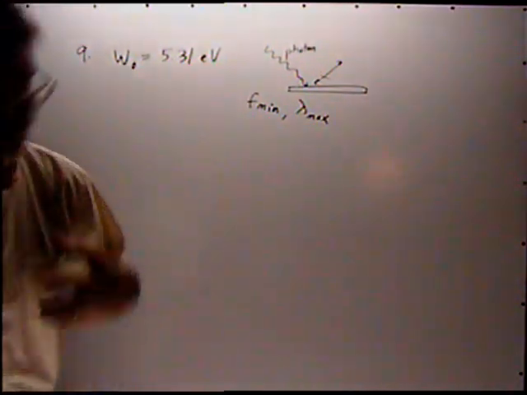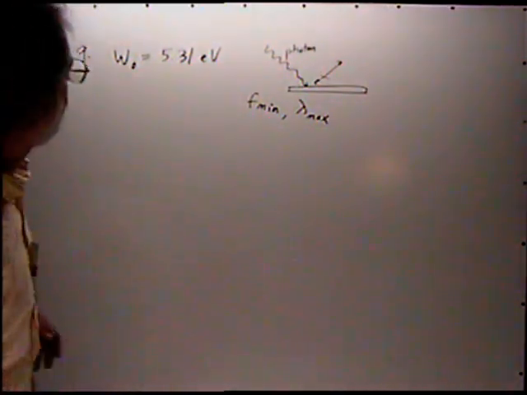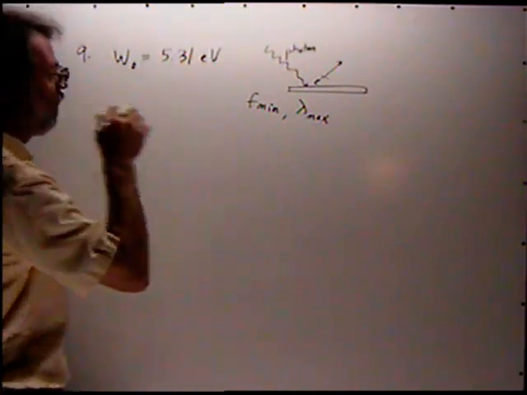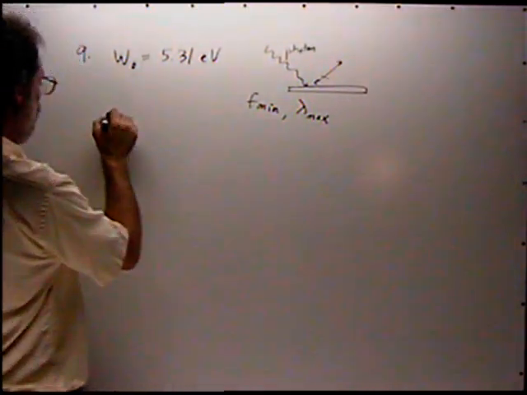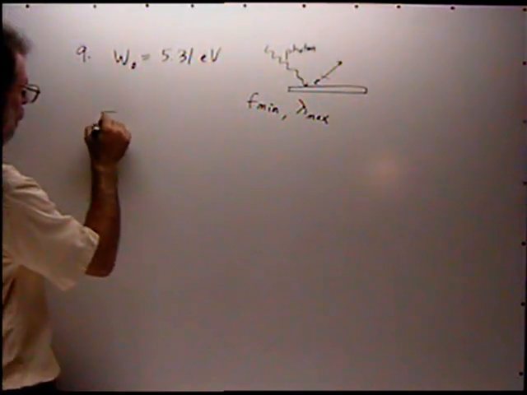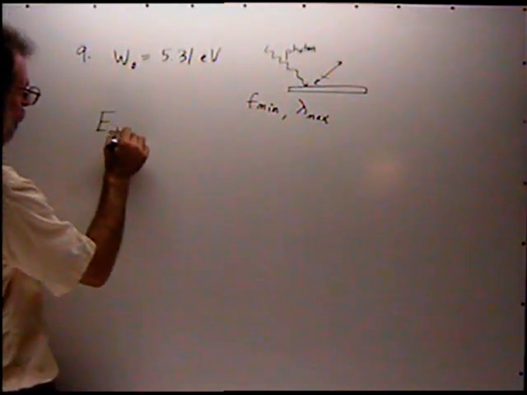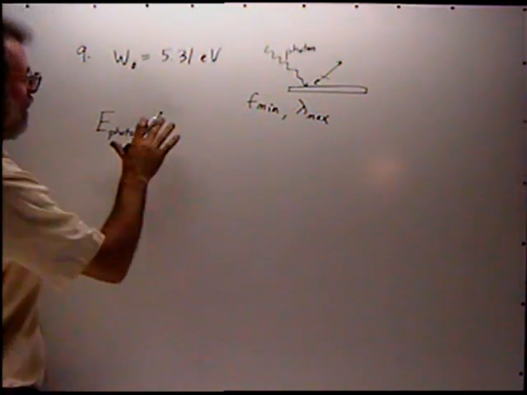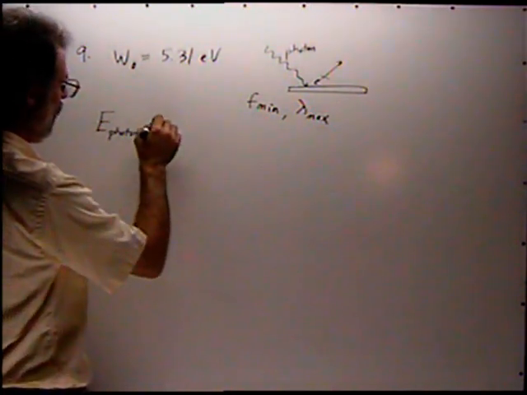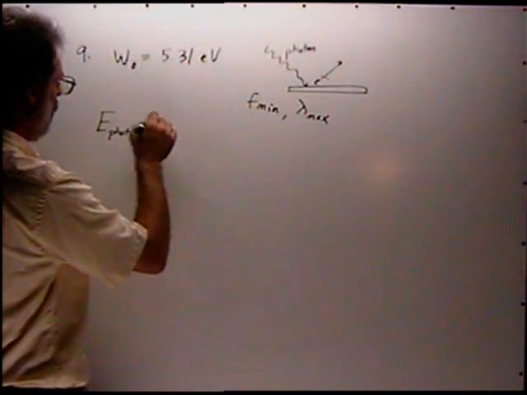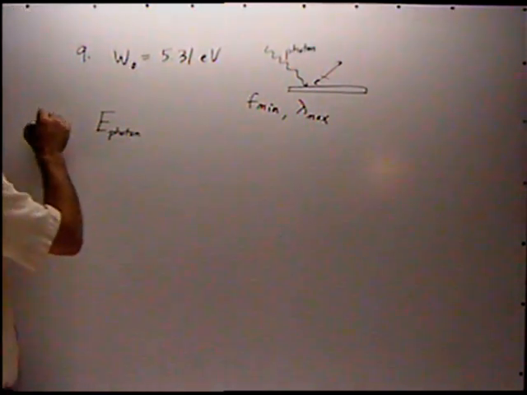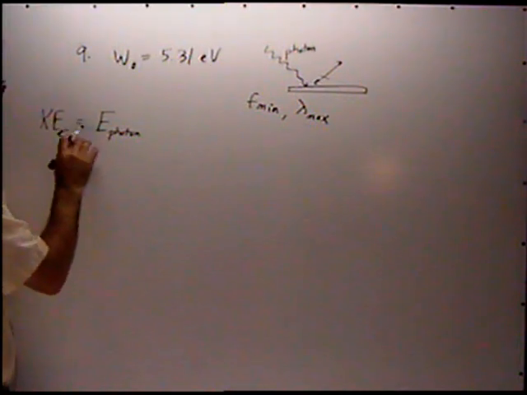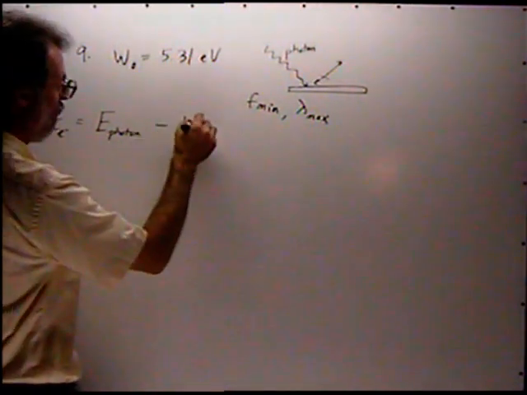Okay. Well, remember now, the kinetic energy of the electron is the energy of the photon minus the work function.